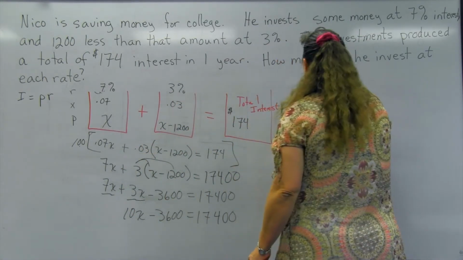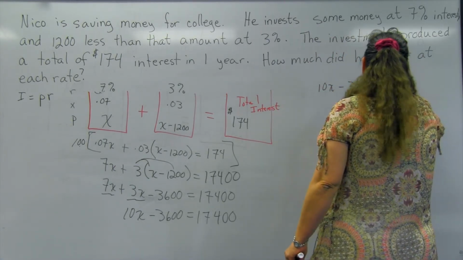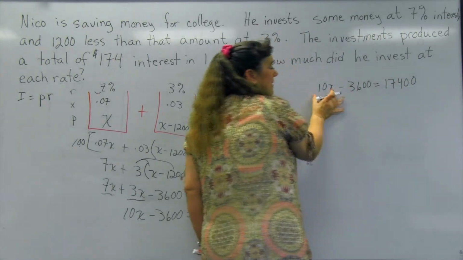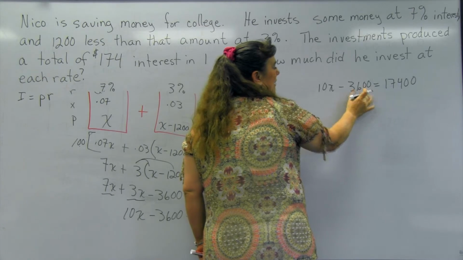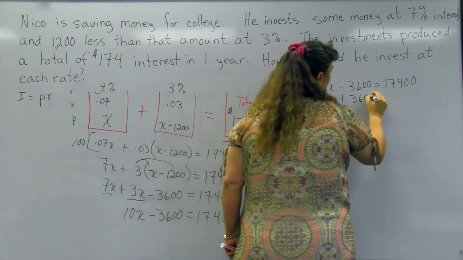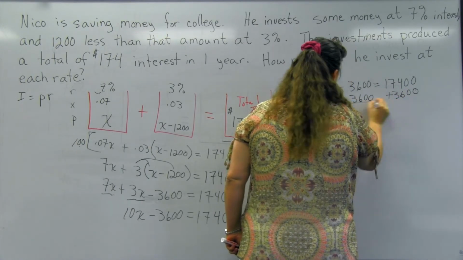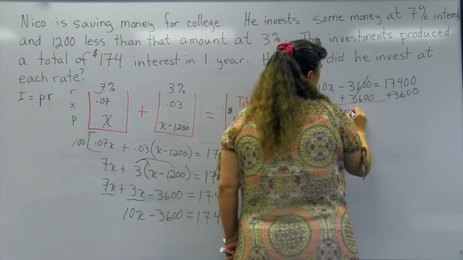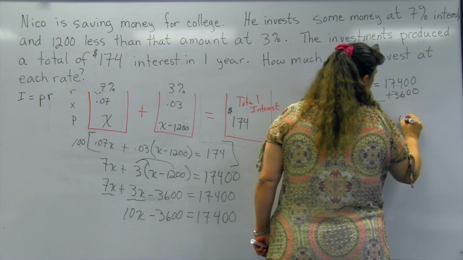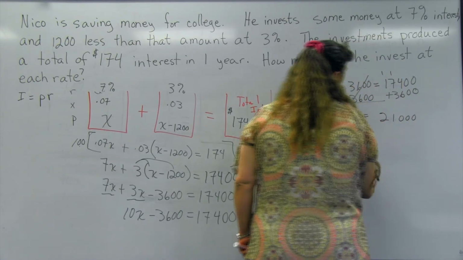Move up. 10x minus 3,600 equals 17,400. And now, again, we want to isolate the 10x. That means we got to get rid of that. It's a minus 3,600, so you have to add it. Do the same over here. Zeros out. 10x equals 17,400 plus that is 0, 0, 0. Carry my 1. 21,000.